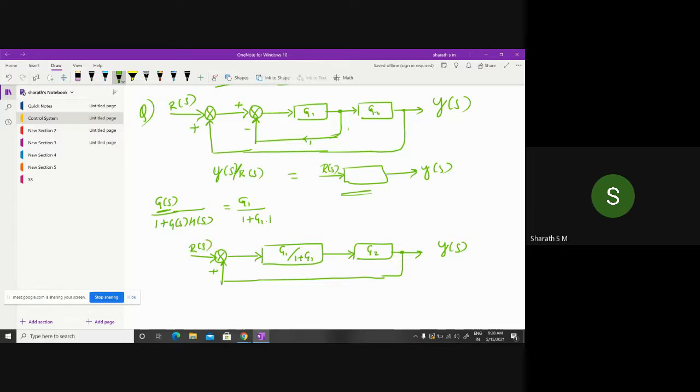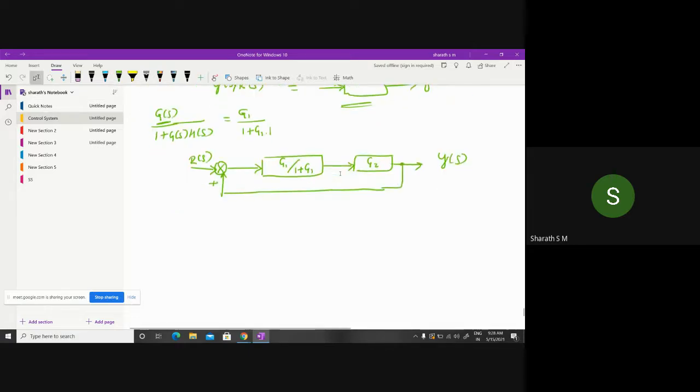Look here, this whole negative feedback we have reduced into a single block. Afterwards, these two blocks are in series now. When two blocks are in series, what's the next operation you need to do?